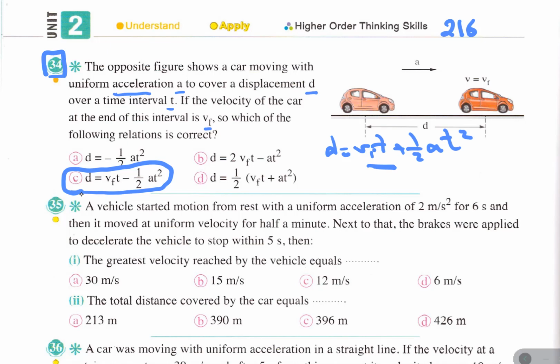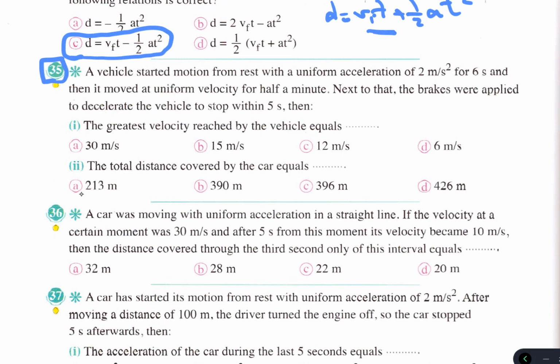So we finished 34. Let's move to 35. A vehicle, a car, started motion from rest, so V initial equals 0, with a uniform acceleration of 2 meters per second square, so this is A, for 6 seconds, T. And it moved at a uniform velocity for half a minute.